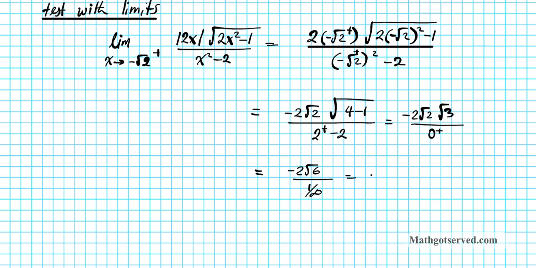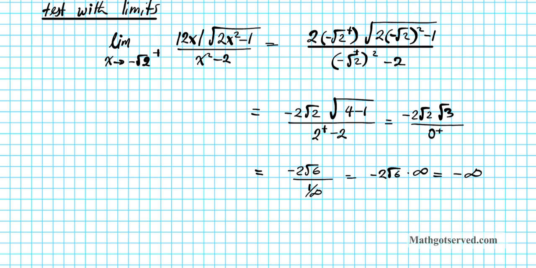And then it becomes negative 2 root 6 times infinity, which equals negative infinity. So that automatically shows that this is a vertical asymptote because it approaches negative infinity as x approaches negative root 2.